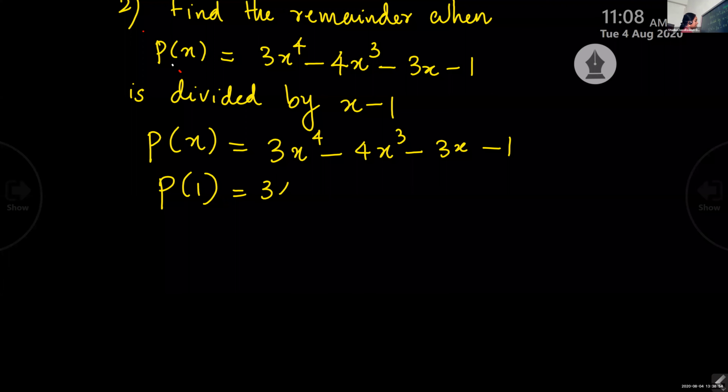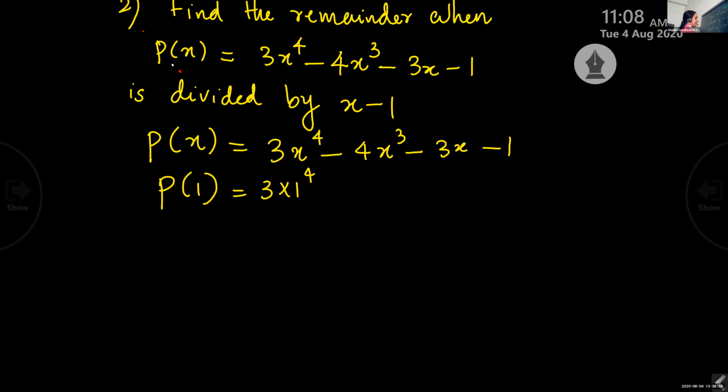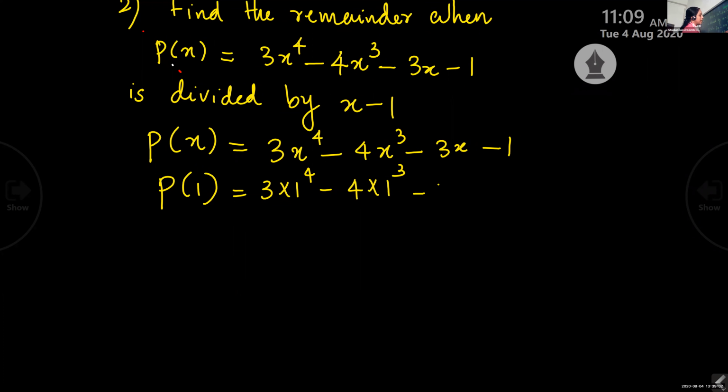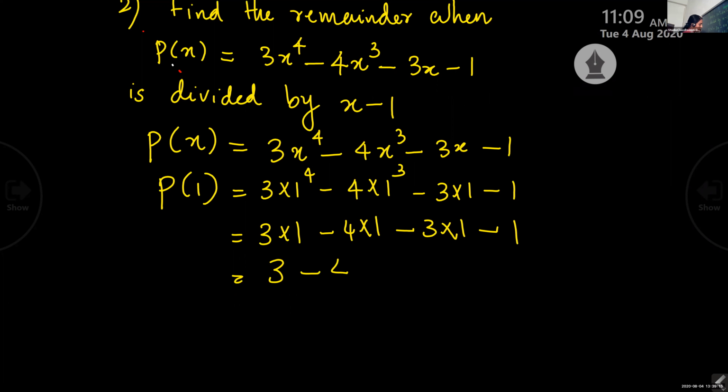3 into 1 raised to 4, right? Minus 4 into 1 cube. Minus 3 into 1. Minus 1. 3 into 1 minus 4 into 1 minus 3 into 1 minus 1. 3 minus 4 minus 3 minus 1. All the minuses you add together.